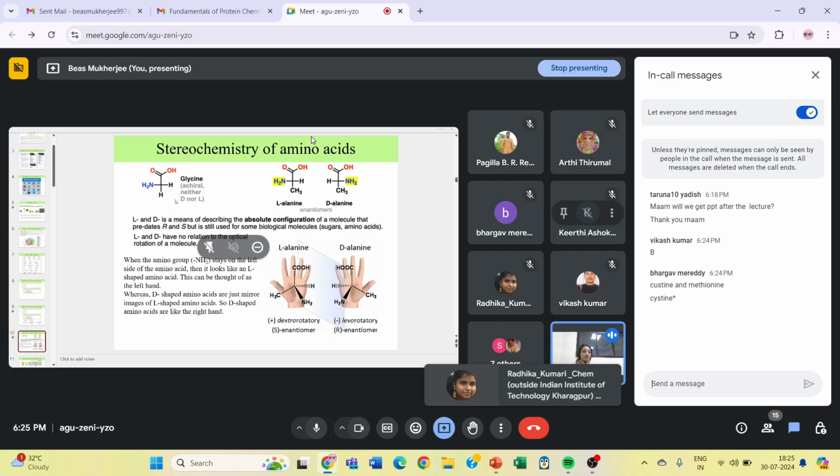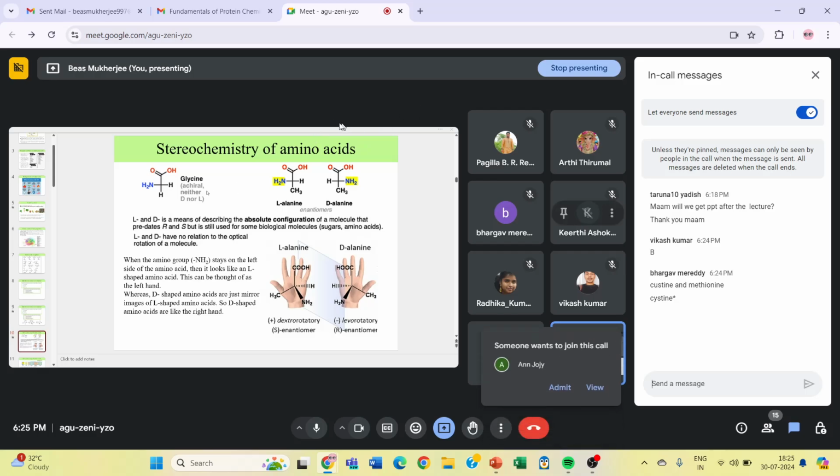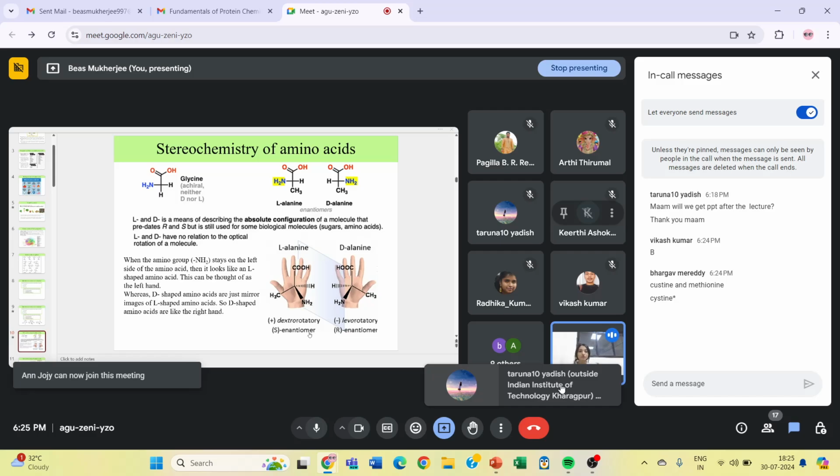I'm sure a lot of you already know. So chiral carbon is a carbon to which 4 different chemical groups are attached. Okay, so if you look at glycine, glycine is not a chiral carbon because this has 2 hydrogen groups attached to the carbon. But then if you look at alanine, this is having 4 different chemical groups attached, and therefore we can call it chiral.